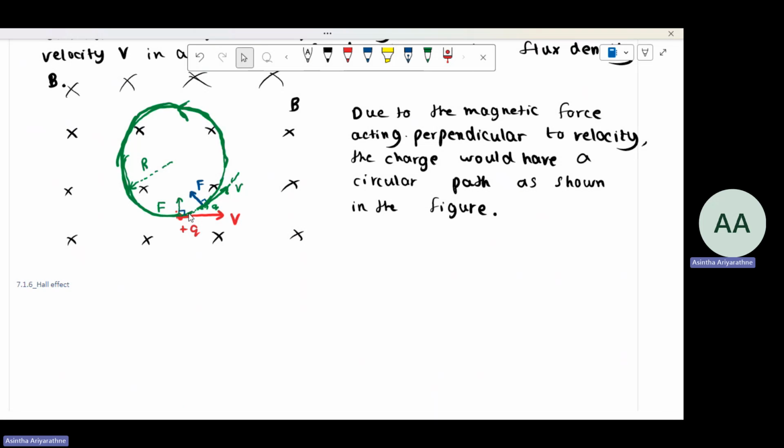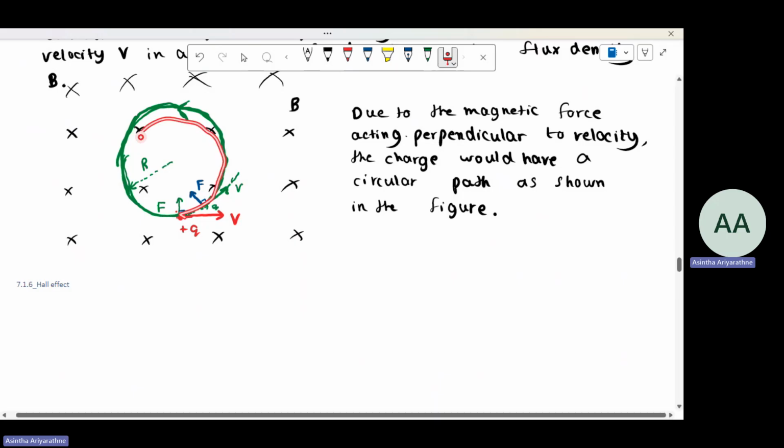The result is that the magnetic force acts as a centripetal force. Therefore the result is circular motion. This particle, the charge, would follow a circular motion.